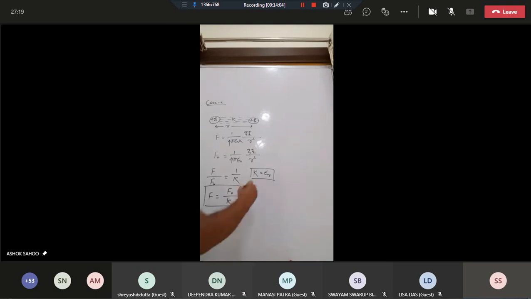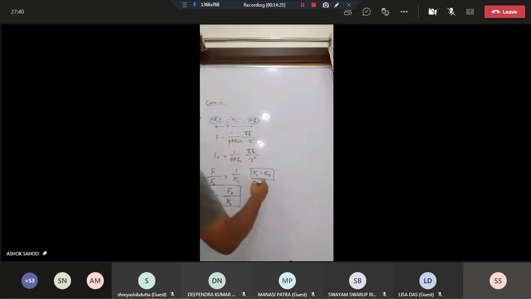So another relation, remember: the product of permittivity of free space and relative permittivity. Dielectric constant's other name is relative permittivity. Permittivity of free space, and this one is your relative permittivity.